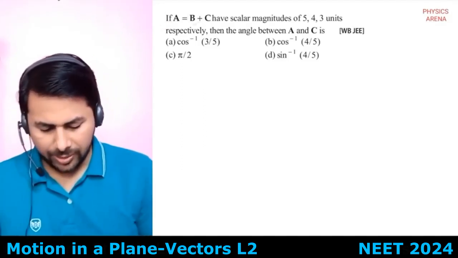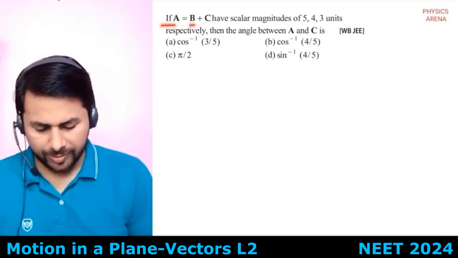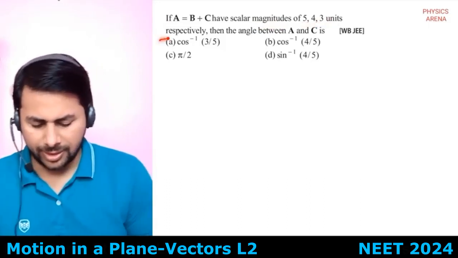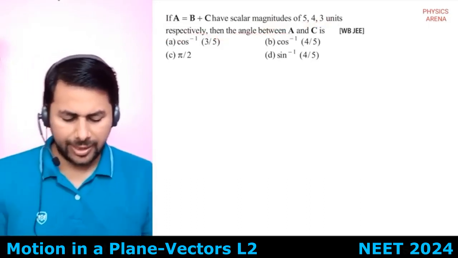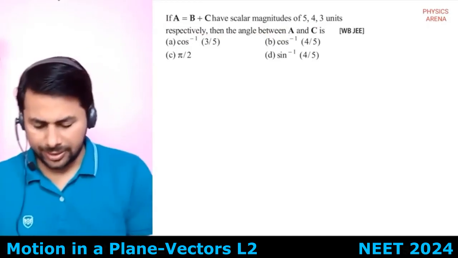If A bar is equal to B bar plus C bar have scalar magnitudes of 5, 4, 3 units respectively, then the angle between A bar and C bar is. Okay, so can you tell me what should we do in this question?